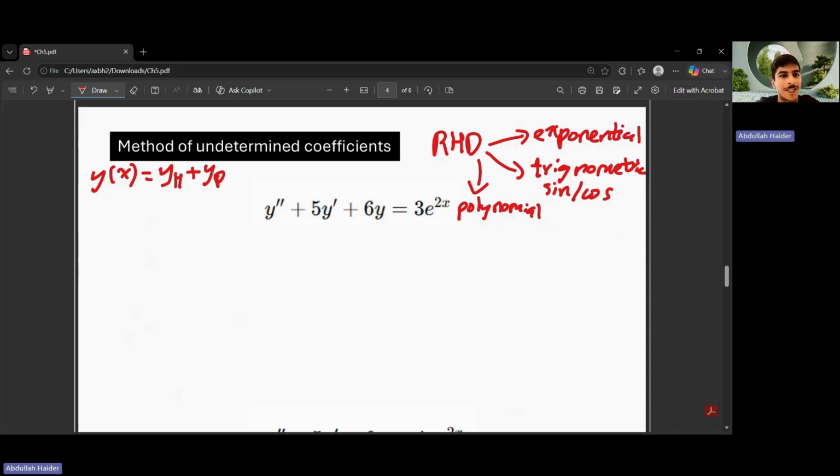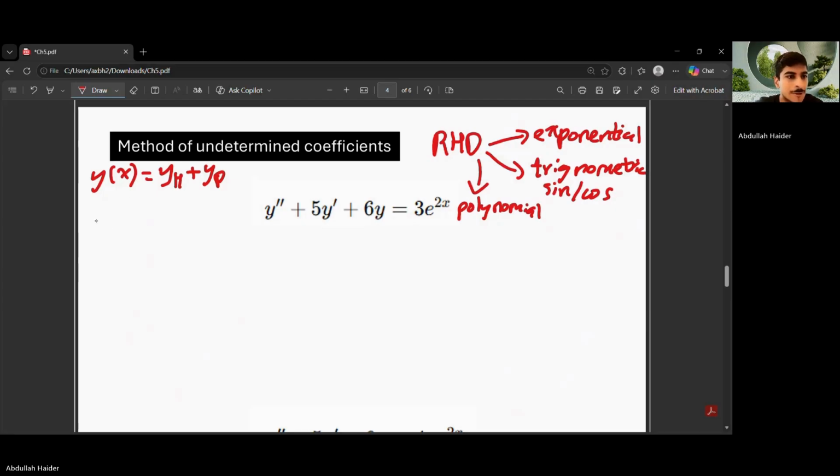The homogeneous solution is basically what we did above, which was making the equation equal to 0, writing the auxiliary equation in terms of r, finding r1 and r2, and then writing this in terms of the homogeneous equation problem. But now we will add onto it yp, which is caused by the exponential.